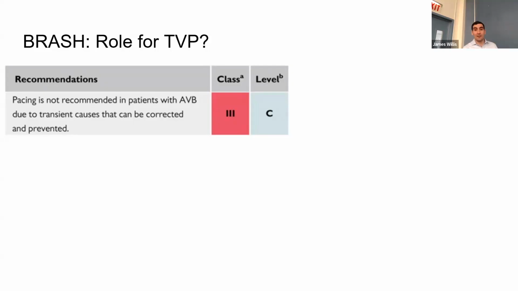They don't mention much about the role of pacing in unstable bradydysrhythmias, but the general recommendation for high degree AV blocks in the setting of acute hyperkalemia and AV nodal dysfunction is that they would largely recommend against pacing if there's a reversible cause that can be addressed. In our paradigm here, there were multiple reversible causes likely contributing to the bradydysrhythmia, and none of the evidence they found supports the role of pacing in a bradycardic patient.